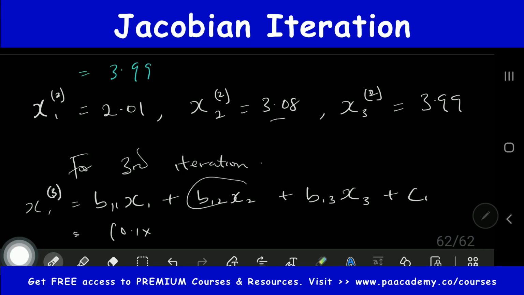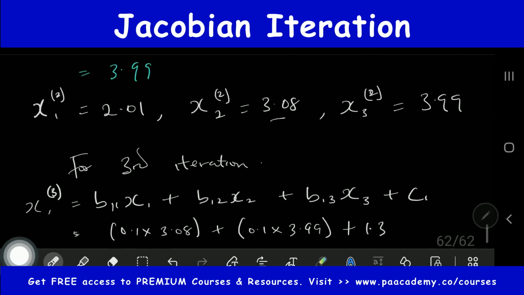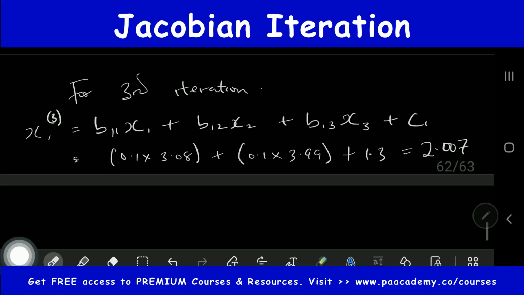Then plus b13, we have it also to be 0.1, and then our x3 is 3.99. Then plus our c1, which is 1.3. If you do this correctly, we are going to be getting our answer to be 2.007. All right, so that's for our x1.